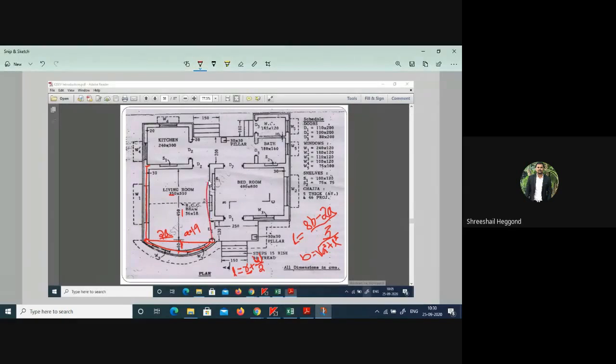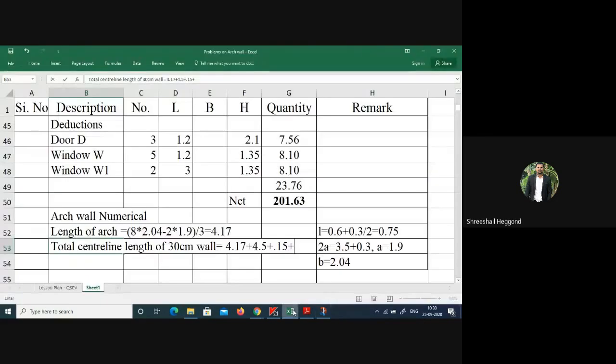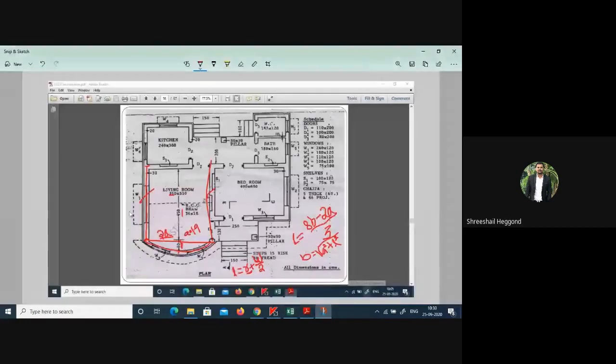This wall will be same as this wall. These two walls are of the same length, therefore I multiply by 2. These two walls are over.